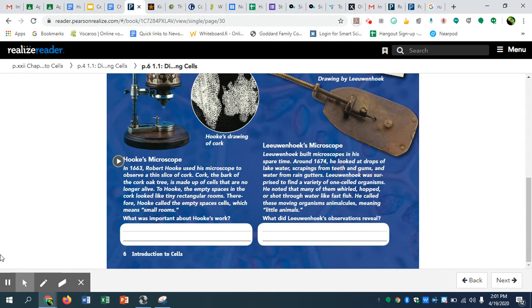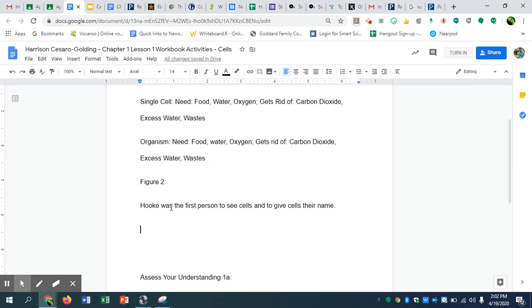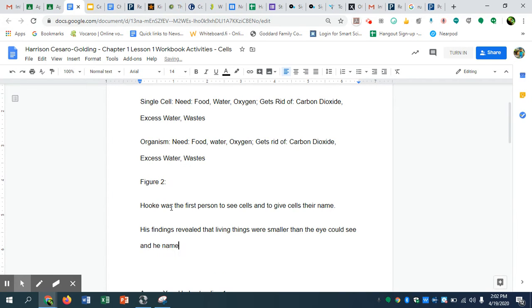Okay, so his findings revealed that living things were smaller than the eye could see, and he named them animalcules.